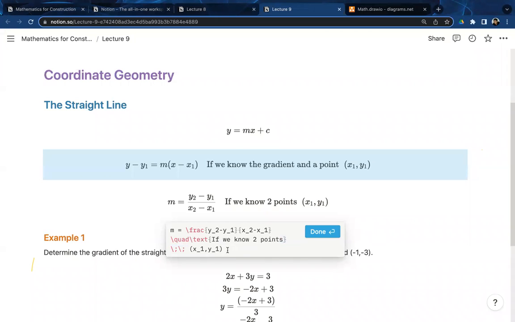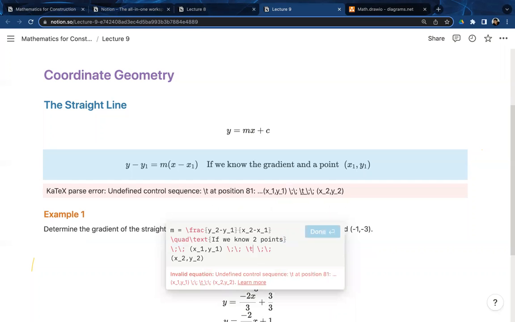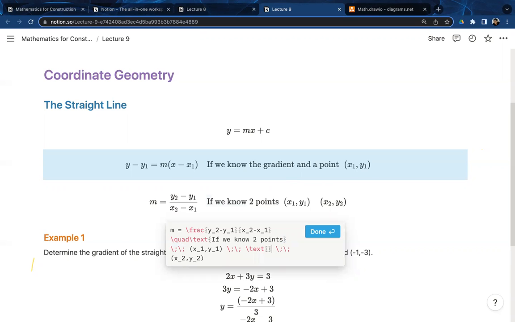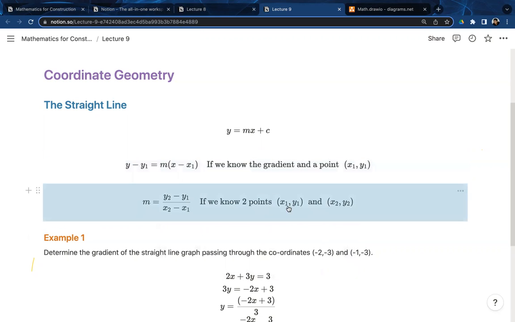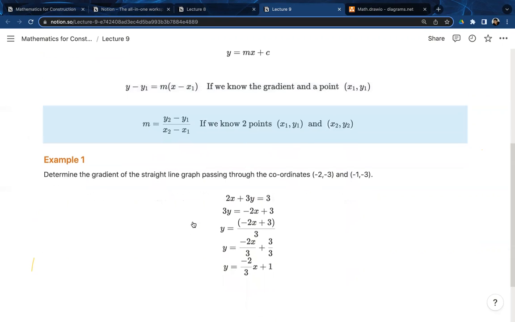So if you know 2 points, x1, y1, x2, y2, we could use this formula to find M.